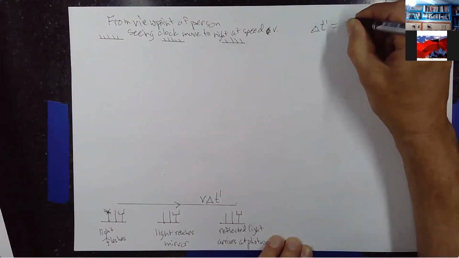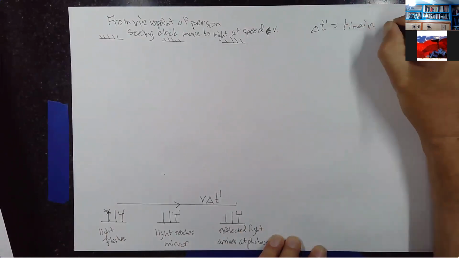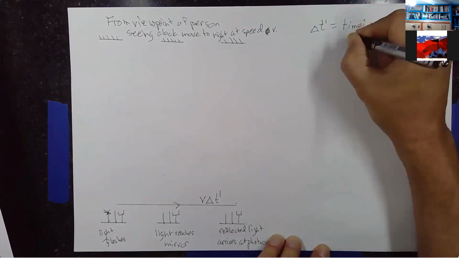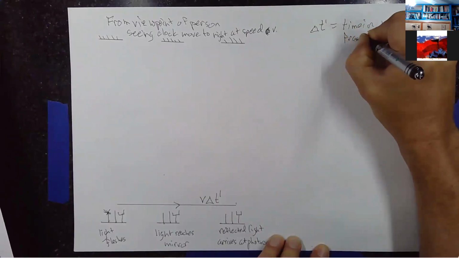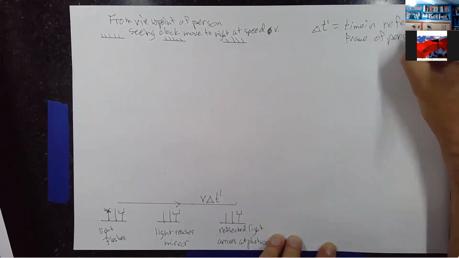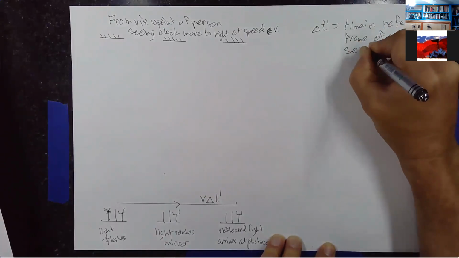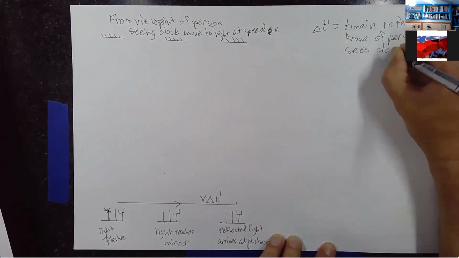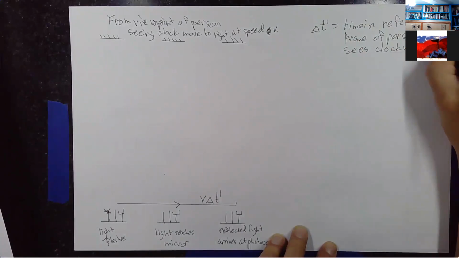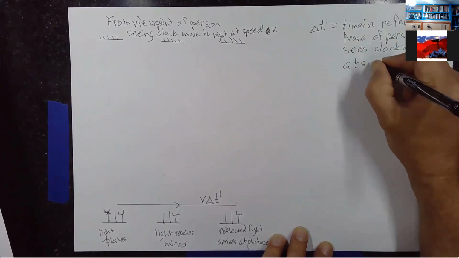And this is going to be an important thing. This person sees the clock moving by at speed v.